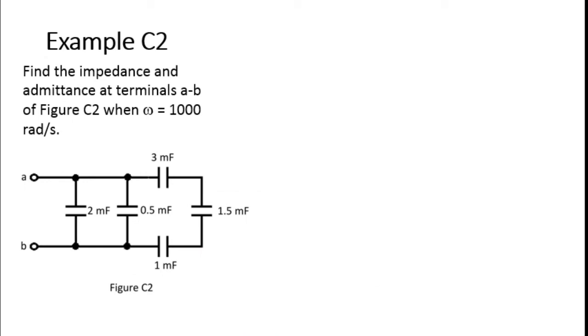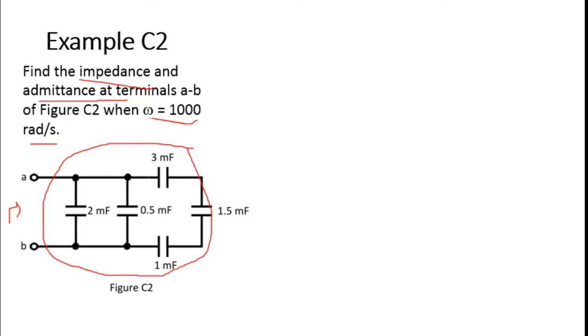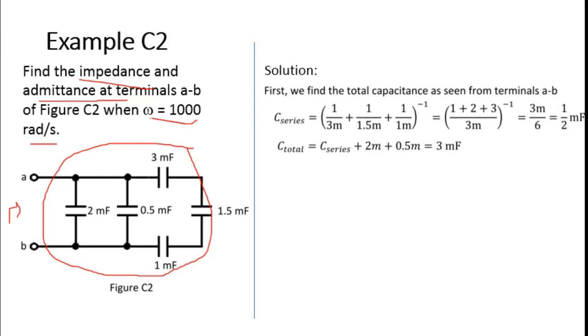Example C2. This is the final example of this video. For a given circuit in figure C2, we need to calculate the total impedance and admittance, as seen from A-B terminals. The angular frequency is 1000 radian per second. The circuit comprises capacitors arranged in both series and parallel connections. Therefore, first, we find the total capacitance, as seen from terminals A-B.